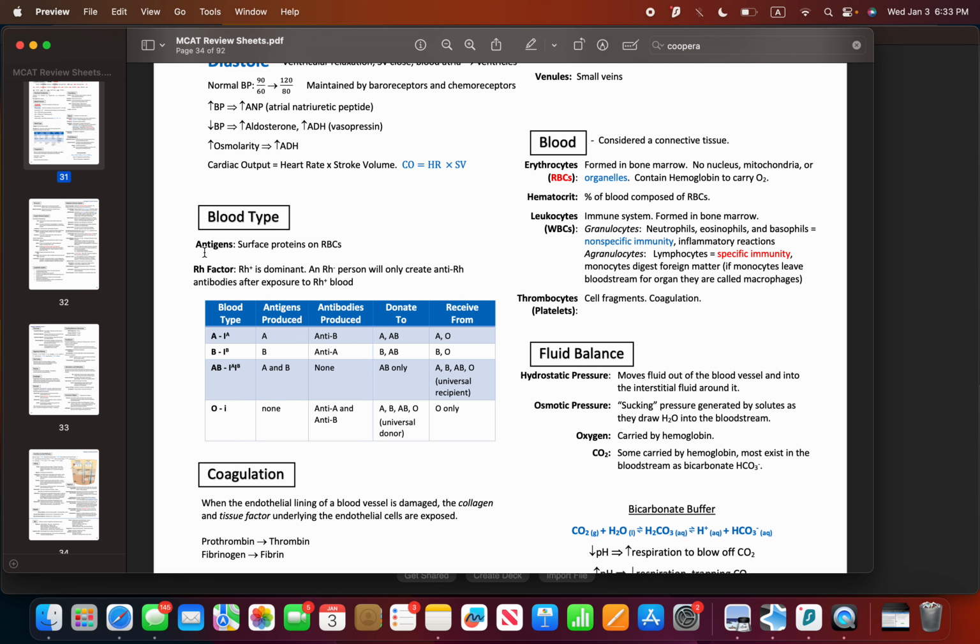As we know, each and every one of us has different blood types, and we have antigens. Those are surface proteins on the red blood cells. I believe we have antigens on other types of cells too, but still, the main thing about antigens is that they are proteins on the surface of the cell membrane of the cell.